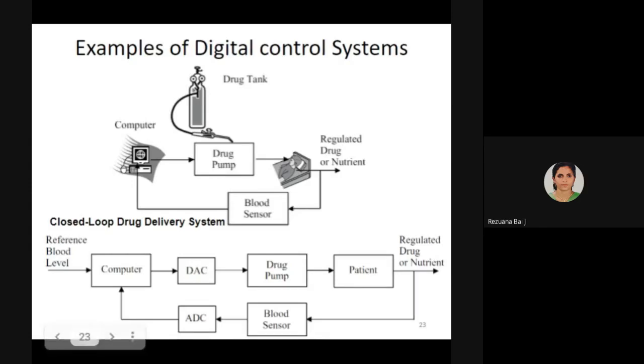So to design a closed loop drug delivery system like this, in addition to the sensor, you should have a system for the controlling, isn't it? This blood sensor will sense the glucose level only. That is converted to, as you can see in the block diagram, the blood glucose level will be an analog value.